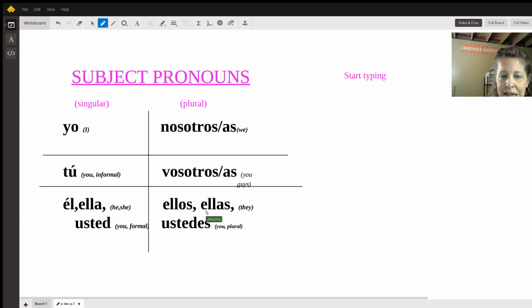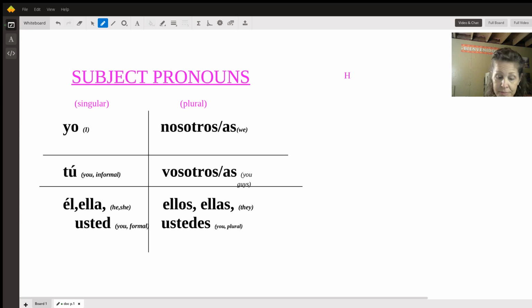Now, the great thing about this chart is that whatever is on the left, the plural is right next door on the right. It's not like these are randomly placed. So it's going to go I, we, he, they, she, they, you. Now remember, in English, we don't have that many choices to pick from.